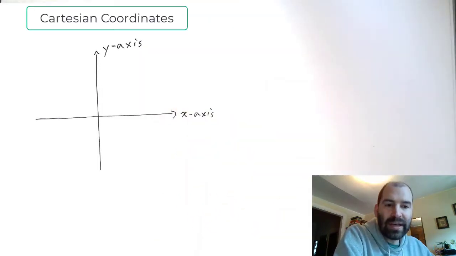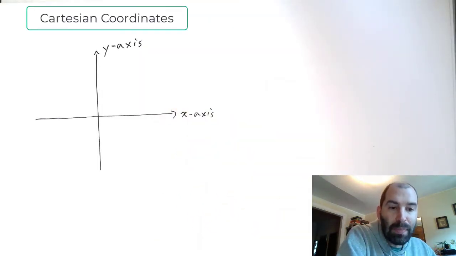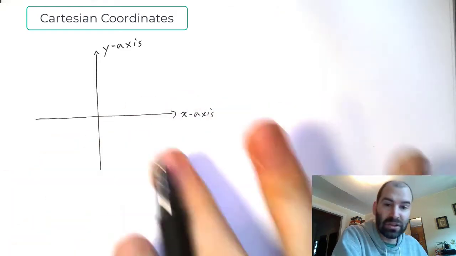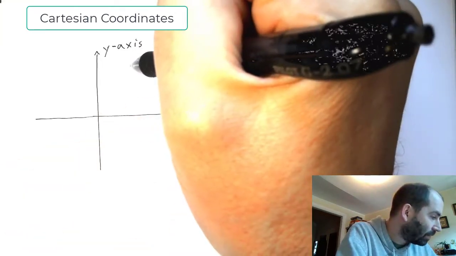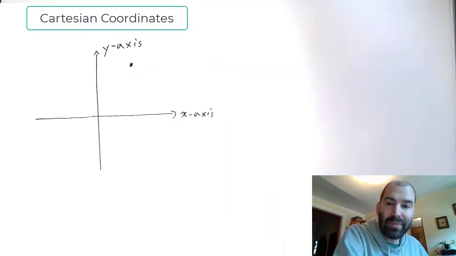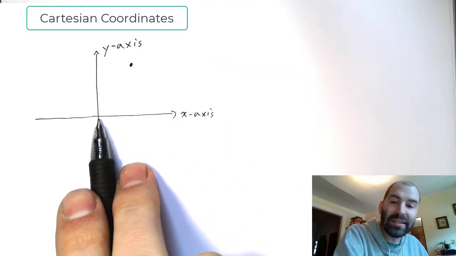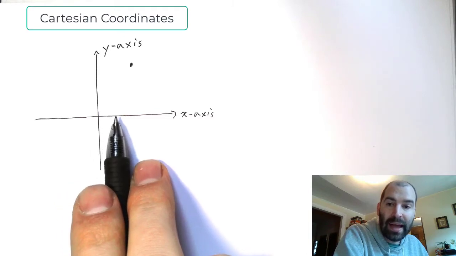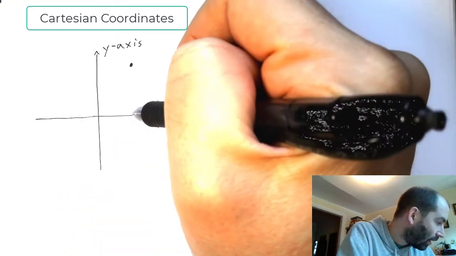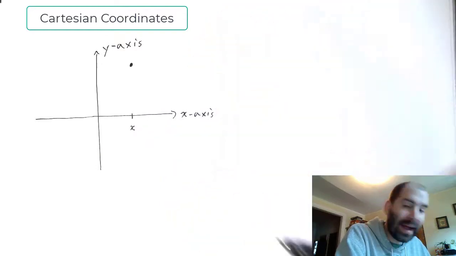And we use these axes to describe the position of any point in two-dimensional space, in the two-dimensional plane here. So if I take a point, the way I describe its position is by measuring the displacement away from the origin, where the two axes meet, in the x direction. And so I go about that far. Let's call that x.